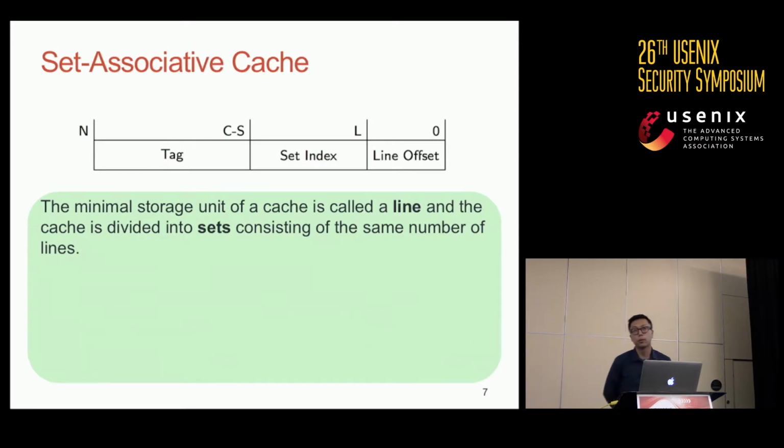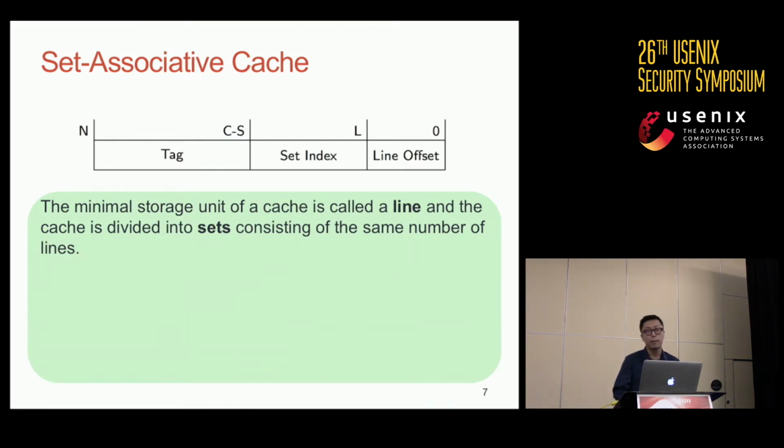So before I jump into the technical details, let me first brief the structure of the set associative cache. We hope to use this example to help you understand how we connect the program memory access with the program cache line access. Essentially, the minimal storage unit of a cache is called a line, and the cache is divided into sets of equal number of lines.